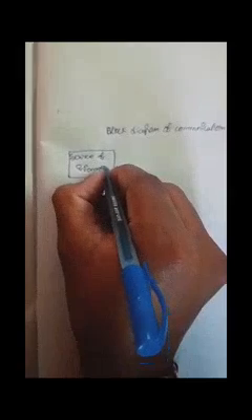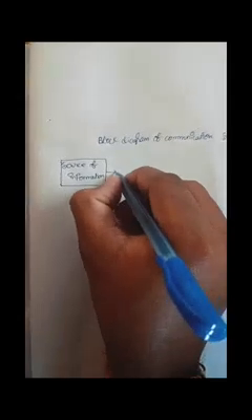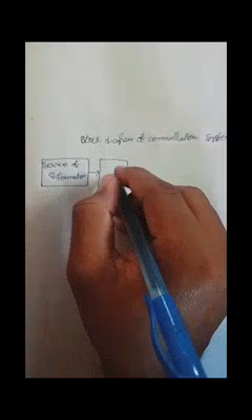Block diagram of communication system. First one, source of information, which is followed by the transmitter.